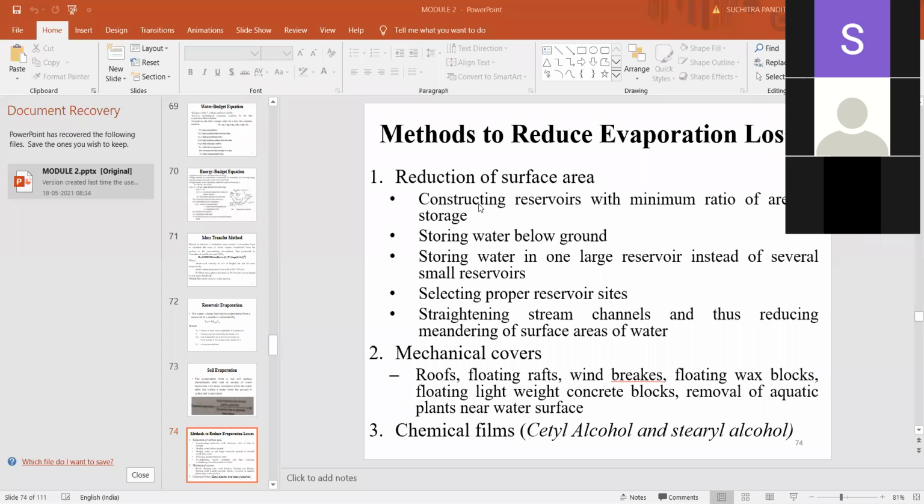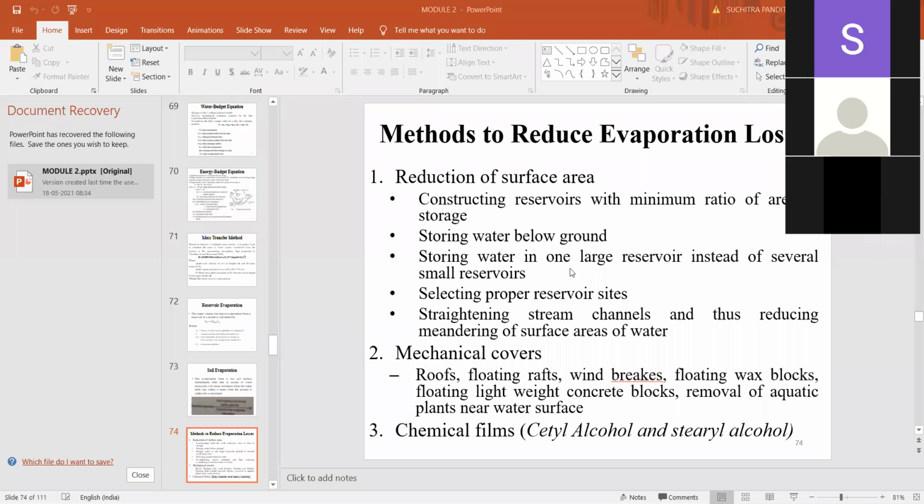That means whatever the surface area exposed to the atmosphere should be less in order to reduce the evaporation. And storing water below the ground. That means in some places where you have a small reservoir within a reservoir, so that you can store the water below ground. Hence the evaporation losses can be minimized.